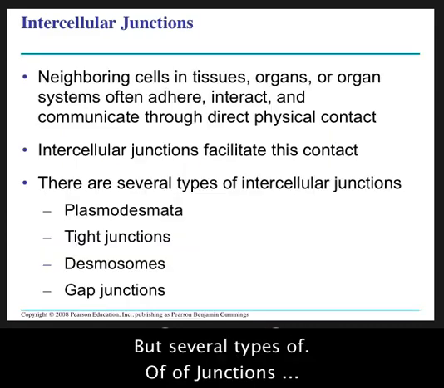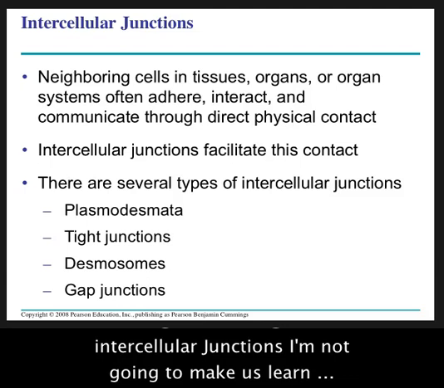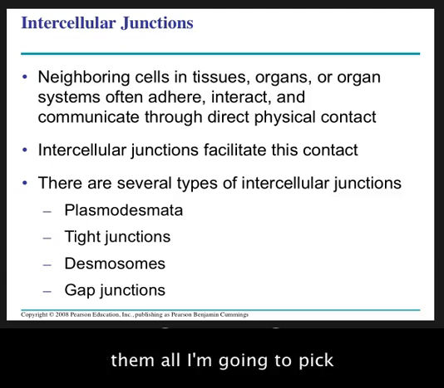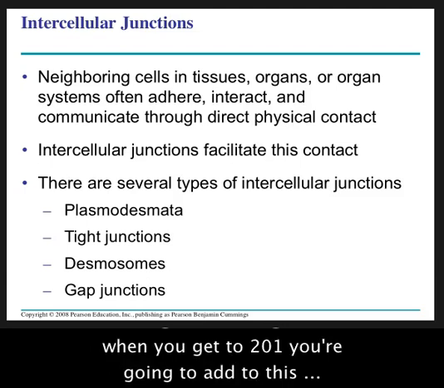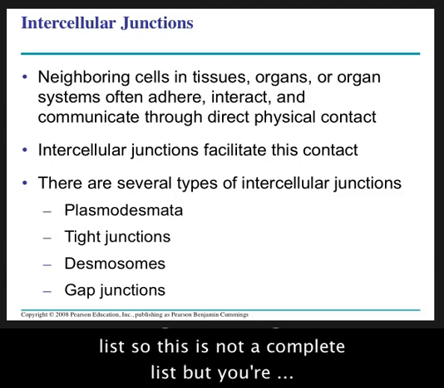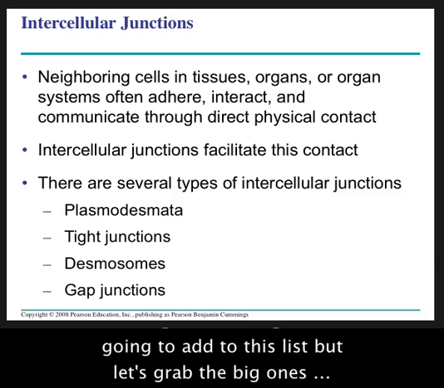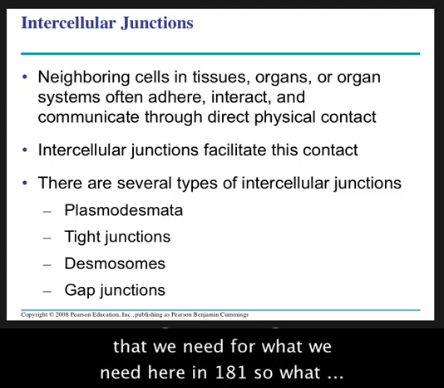But several types of junctions, intercellular junctions. I'm not going to make us learn them all. I'm going to pick the big ones that we need for 181. Recognize that when you get to 201, you're going to add to this list. So this is not a complete list, but let's grab the big ones that we need here in 181.